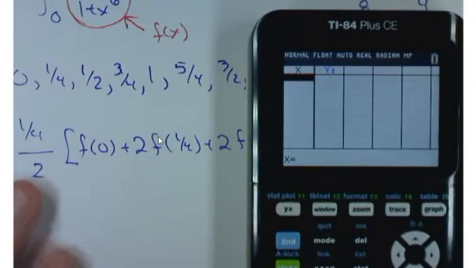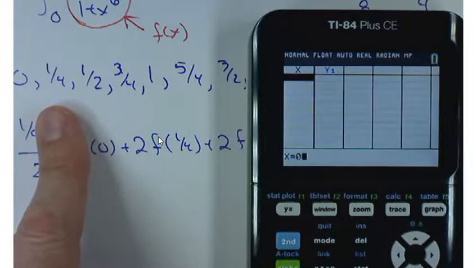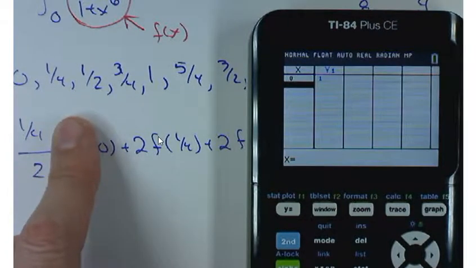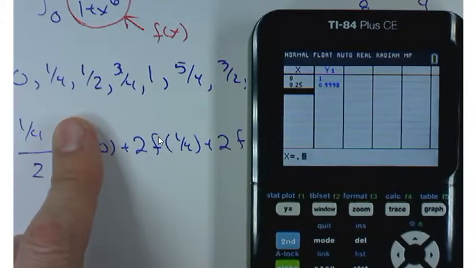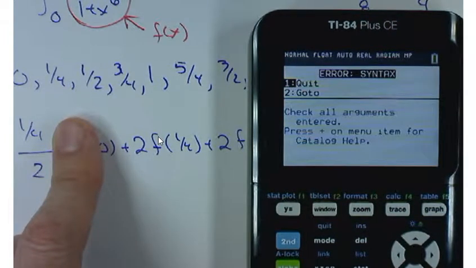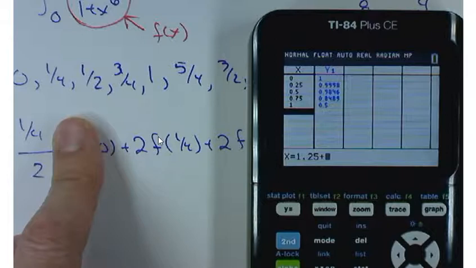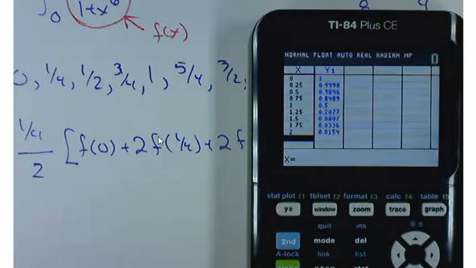We're going to need f of 0, which is 1, not a big deal, and then f of 0.25, and then 0.5, 0.75, 1, 1.25, 1.5, 1.75, and 2. So you get all those values.